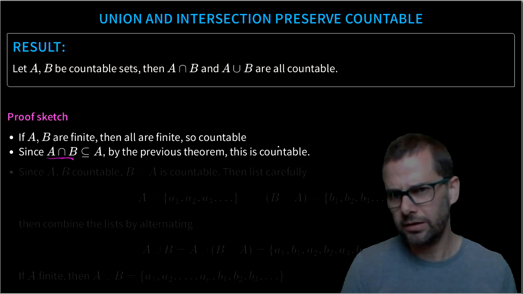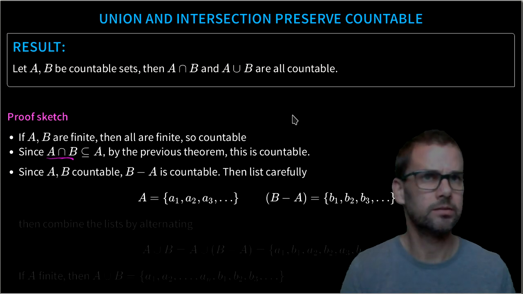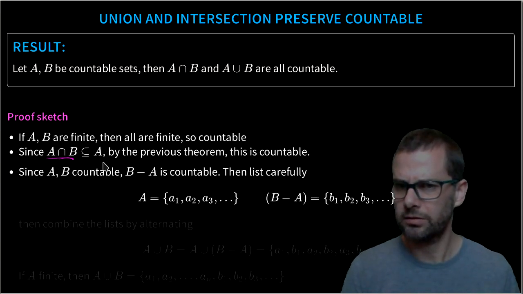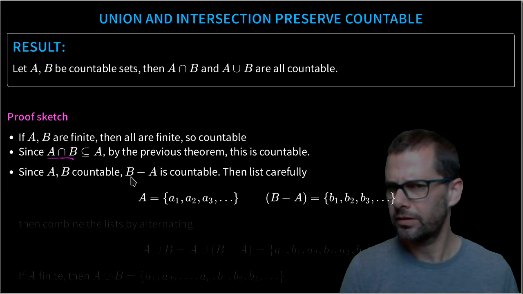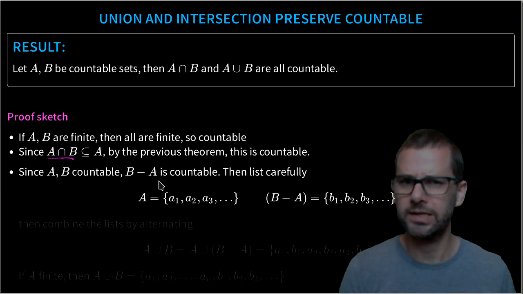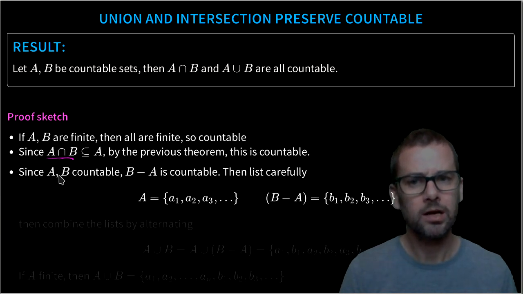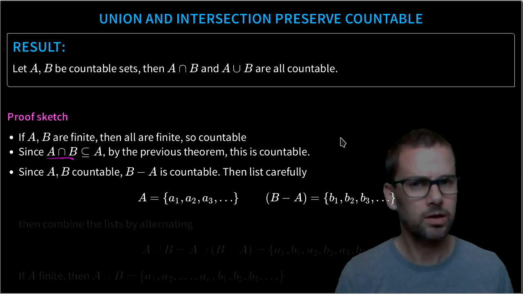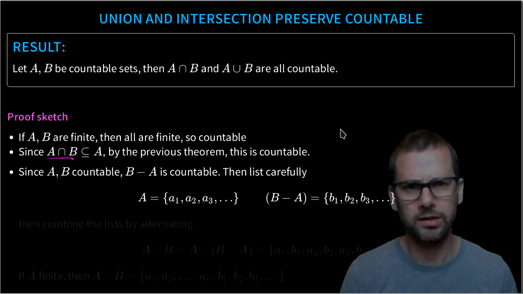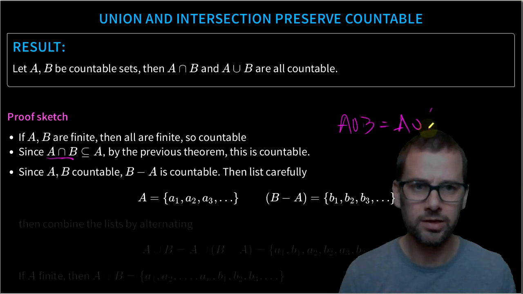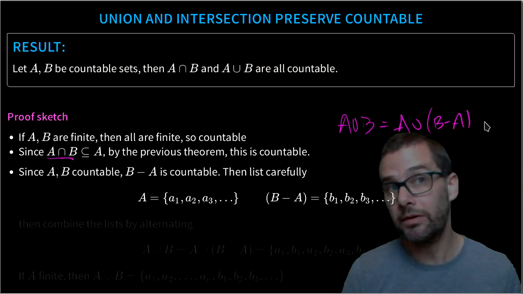On the other hand, if A and B are countable, and maybe infinite, not finite, notice that we must have that B minus A is countable because it's a subset of B. One reason I'm looking at this is that I'm going to write A union B as A union (B minus A), because I want to avoid repetition.